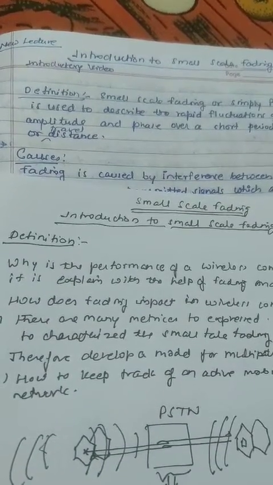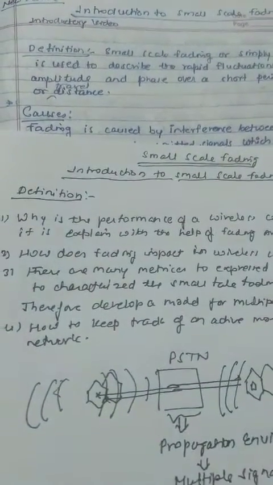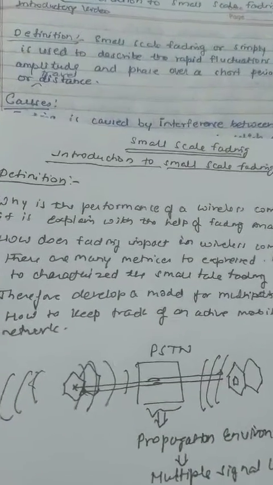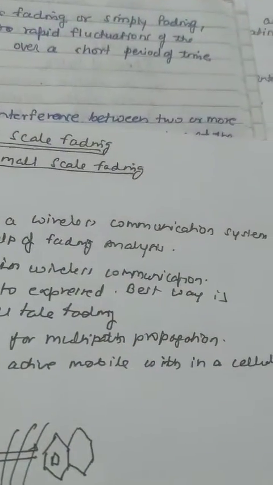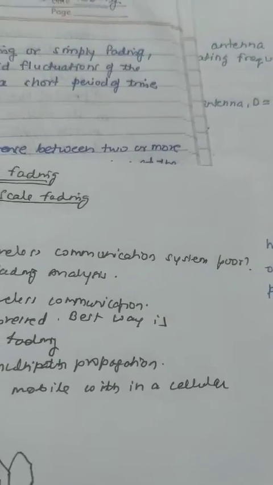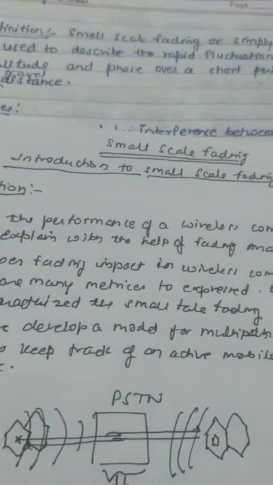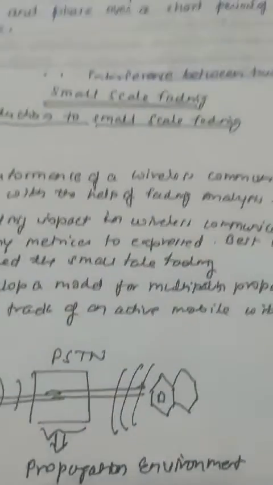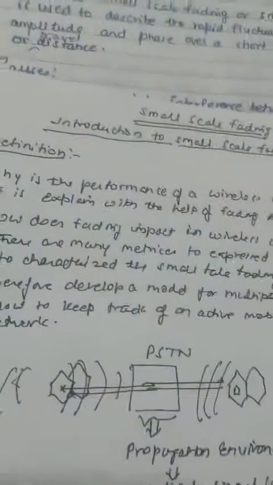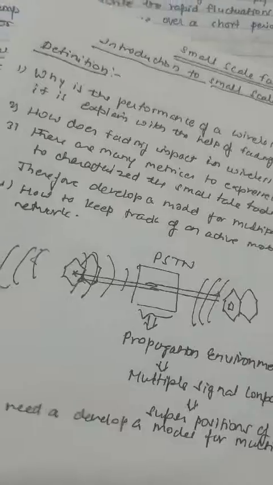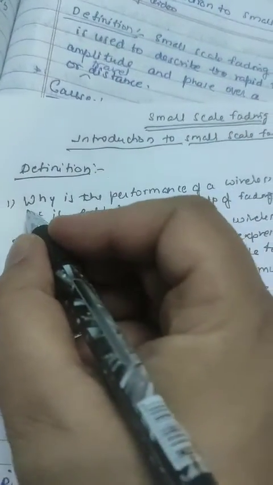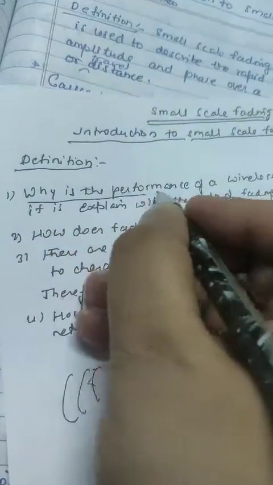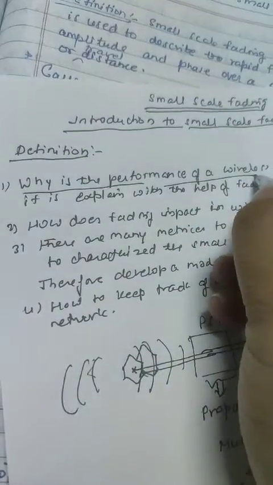Definition is about what is the performance of a wireless communication system poor. Why is the performance of a wireless communication system poor? It is the main key.